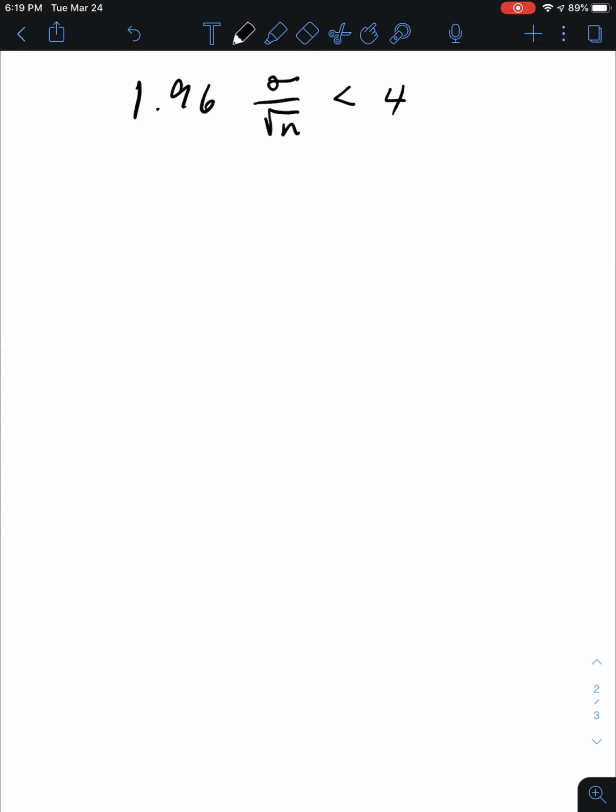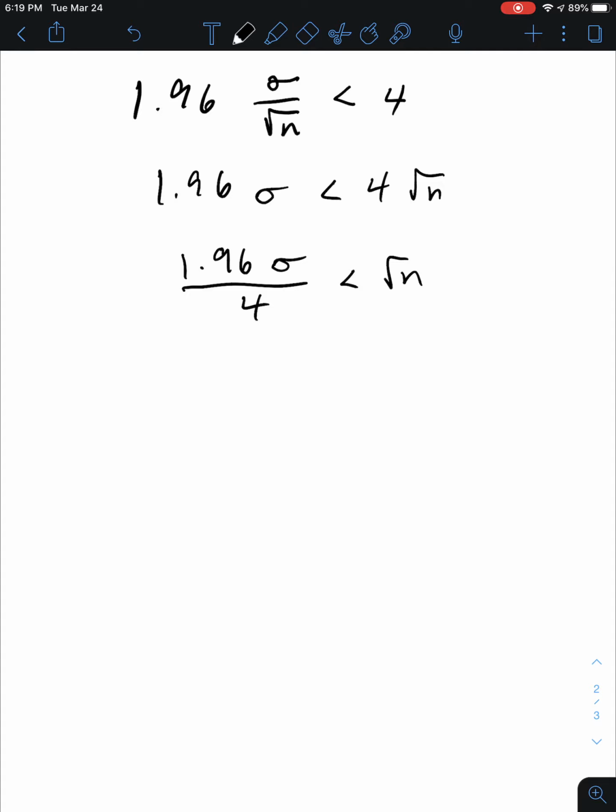All right, so we can do a little bit of algebra on this. We've got 1.96 sigma is less than 4 times the square root of n. I just multiplied this square root of n over. Now I'm going to divide by 4. 1.96 times sigma divided by 4 has to be less than the square root of n.